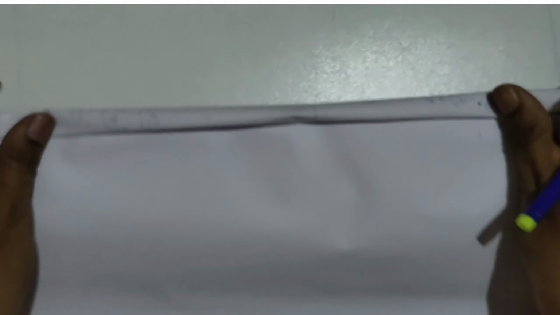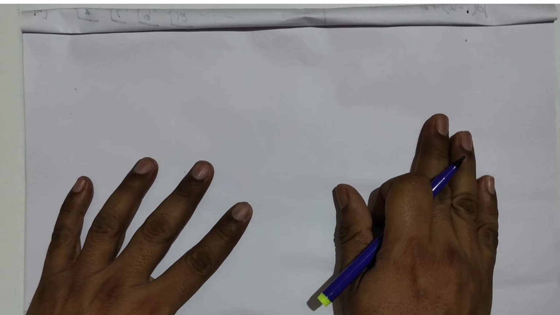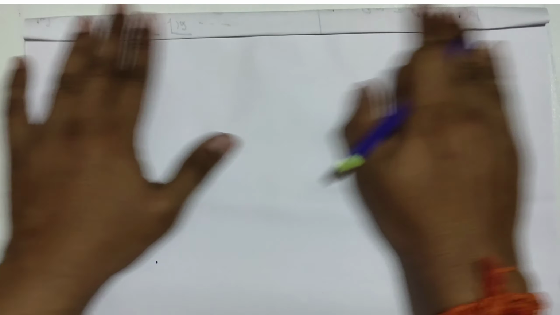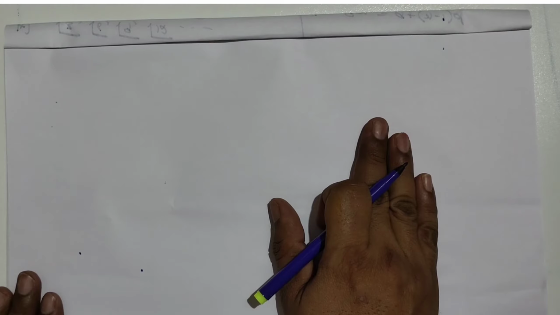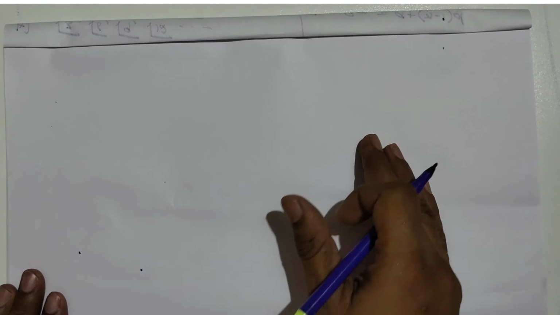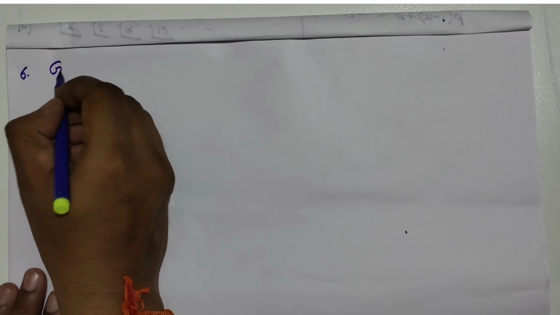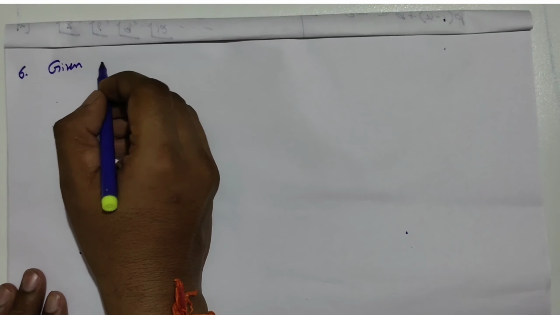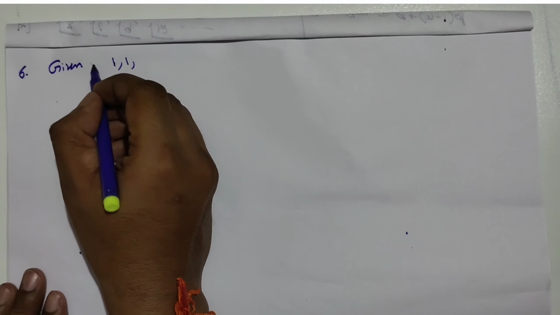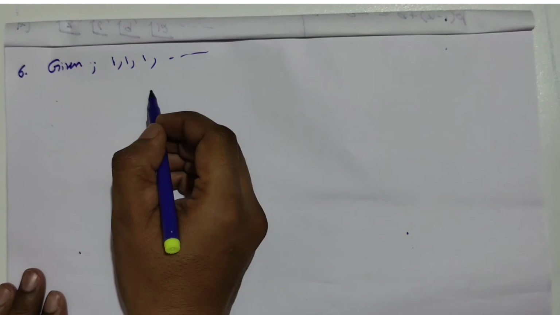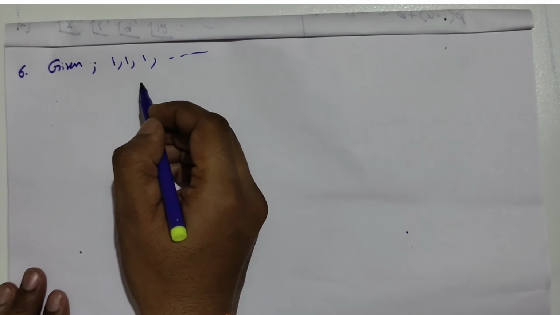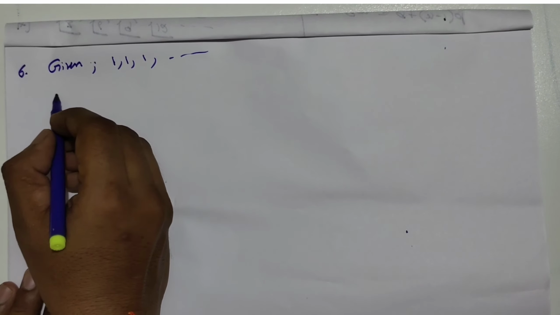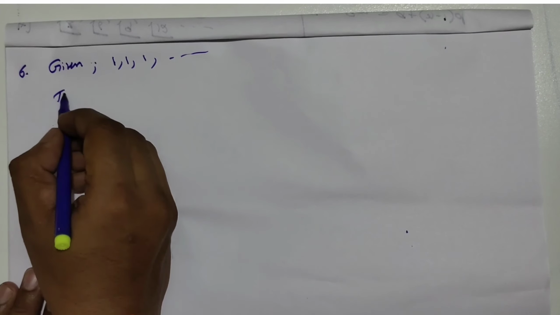And next, sixth sum. Radha says 1, 1, 1, 1 is GP and also AP. So here the given sequence is 1, 1, 1 and so on. First of all, let us verify whether it is AP or not.